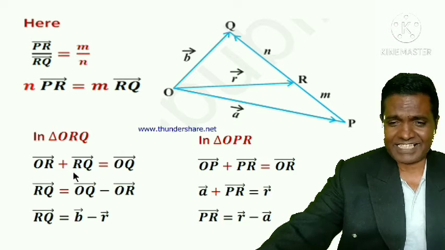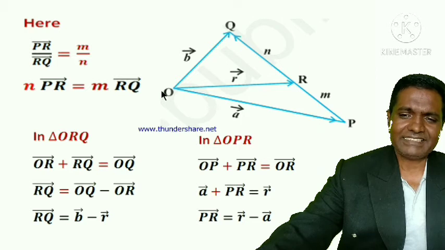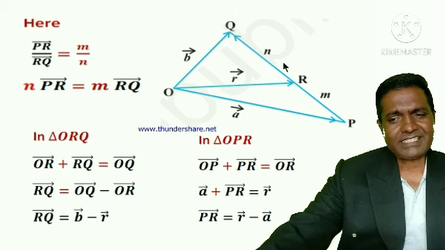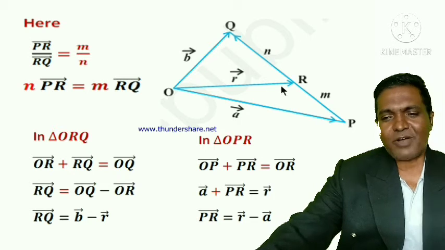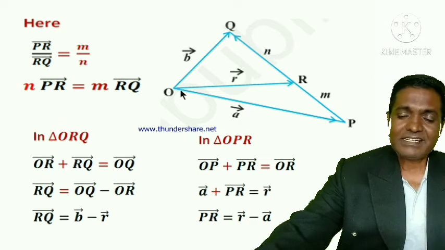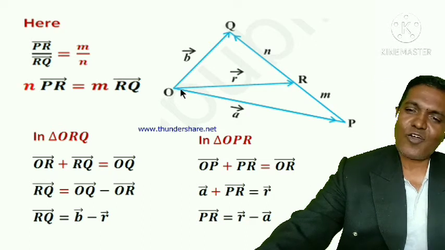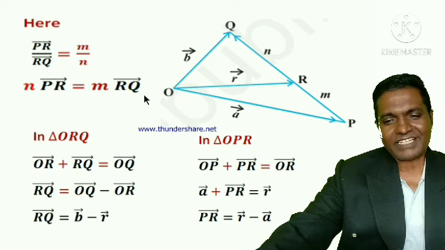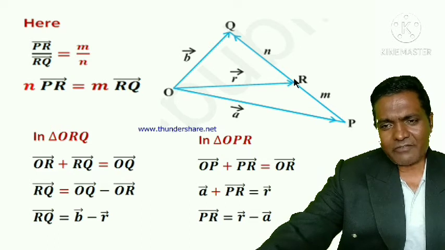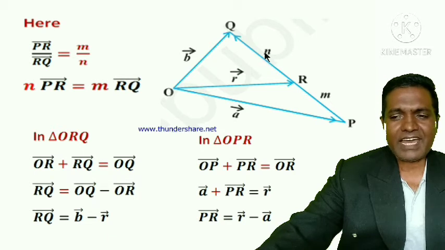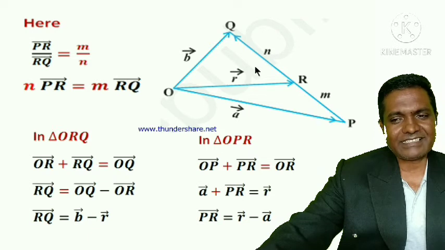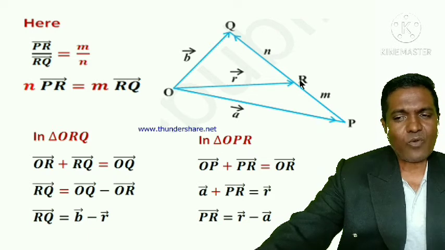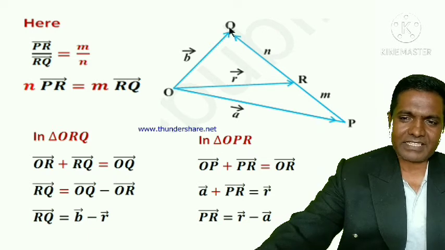So let's start. Look at triangle ORQ. In this triangle, search for two vectors which are taken in the same order, as we have discussed in how the triangle law of vector addition can be applied. Look at vector OR and vector RQ; they are taken in the same order. So these can be added, and the resultant of OR and RQ is vector OQ.